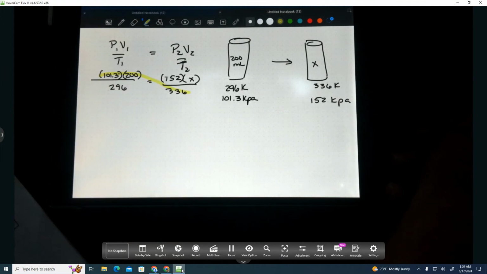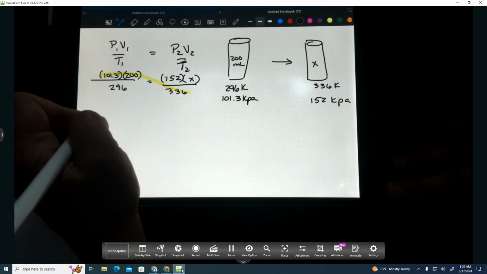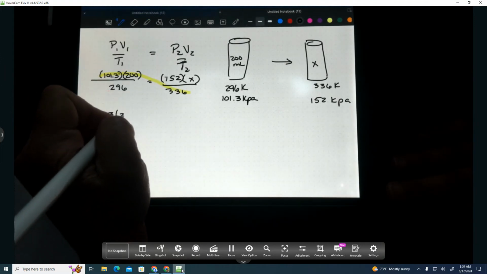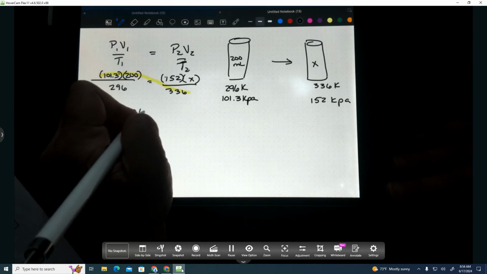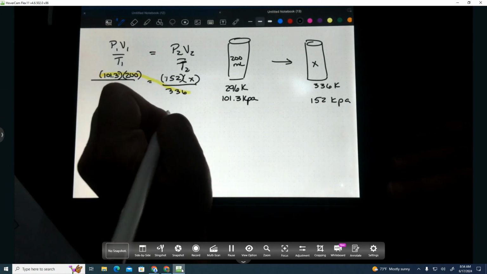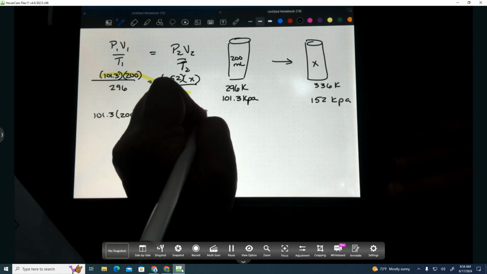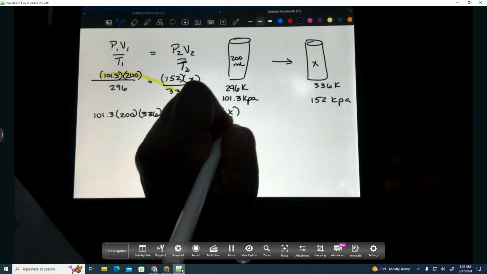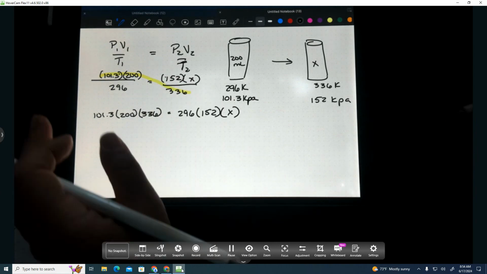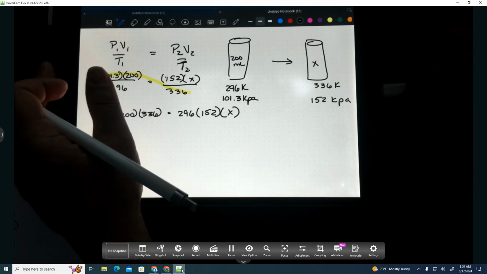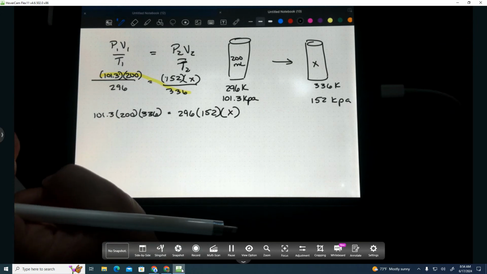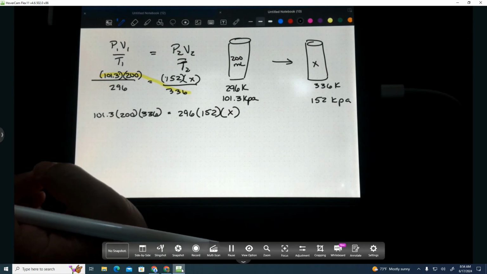101.3 times 200 times 336. Let Caroline do this. I have no idea what the answer is, so go ahead and figure it out. Oh, you can round. It doesn't say you have to.